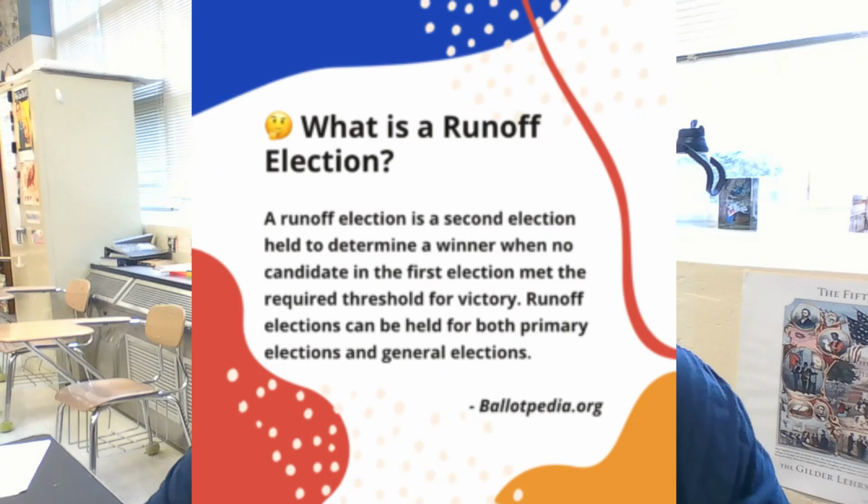You also have an open primary, where any qualified voter can take part in that election. You have what's called a runoff primary. This is if a required majority is not met, the 2 people with the most votes run again. And then finally, you have a nonpartisan primary where candidates are not identified by their political party.